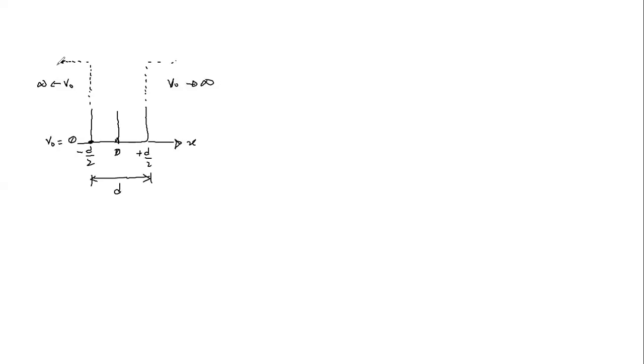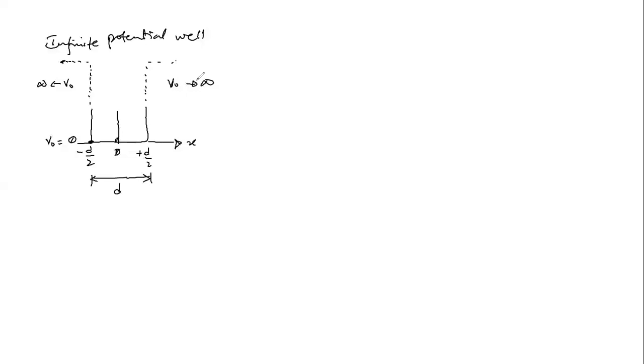So here, we consider a particle confined in an infinite potential well. So this is a model for an infinite potential well, such that the potential function V0 is the same as infinity.